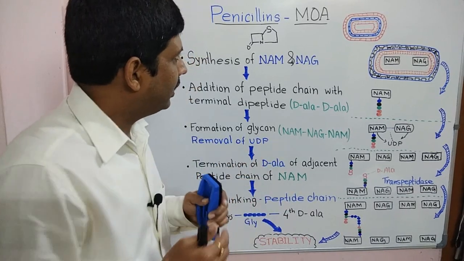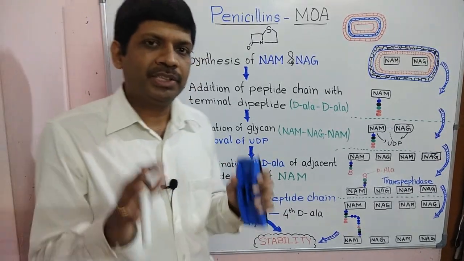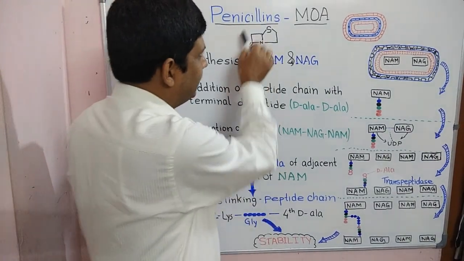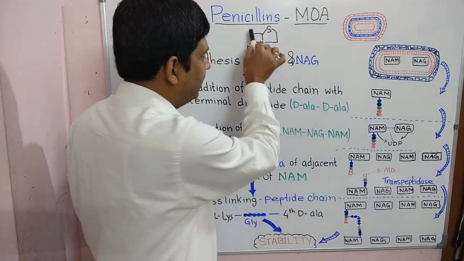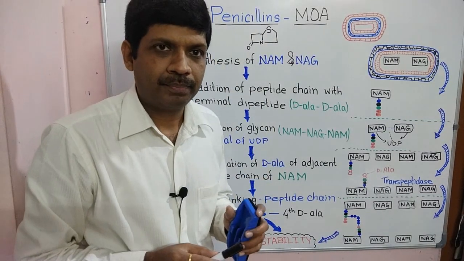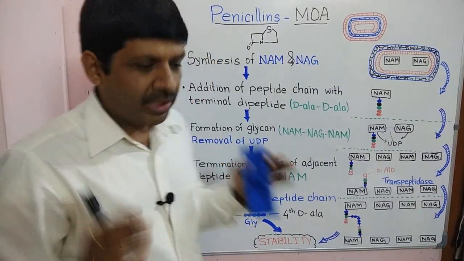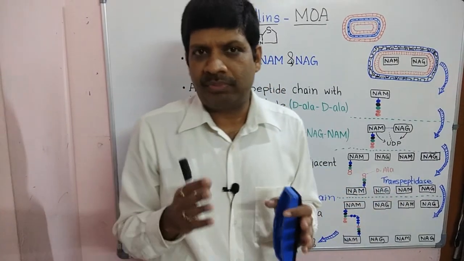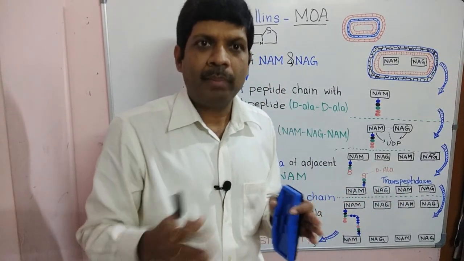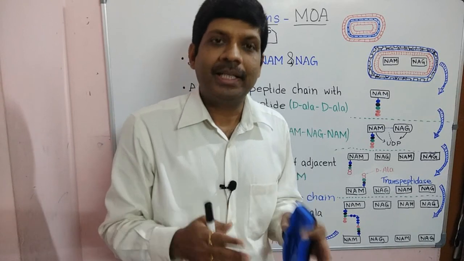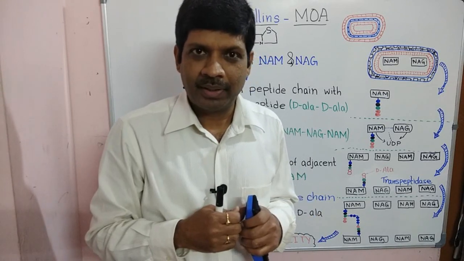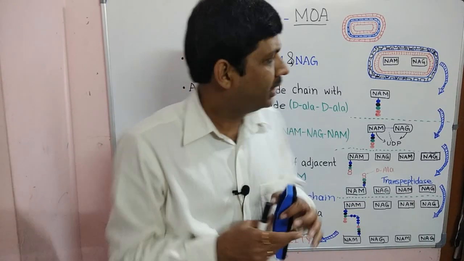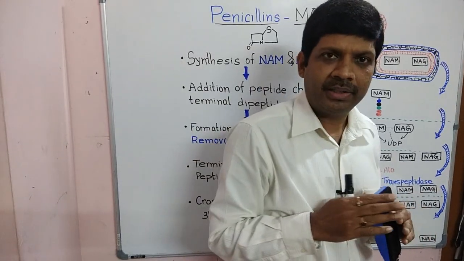To start with, we should know the basic structure of the beta-lactam antibiotic, which contains a nucleus with a beta-lactam ring. For general information, the beta-lactam or penicillin group of drugs are mostly active against gram-positive bacteria, because of the thick peptidoglycan layer.